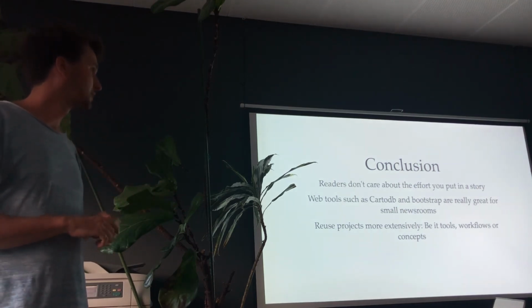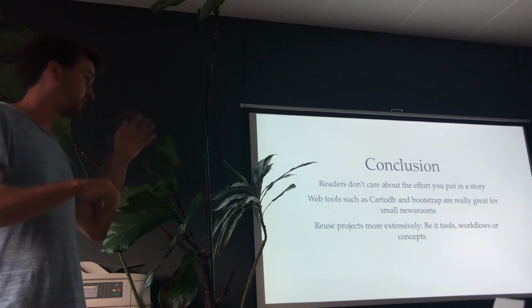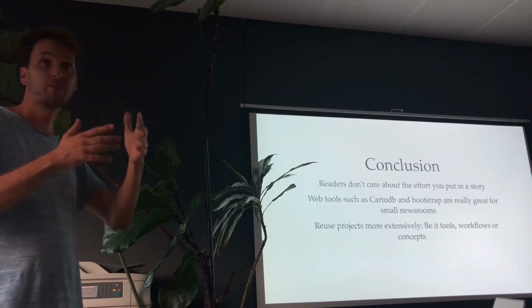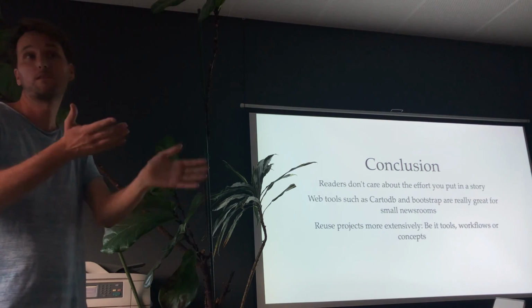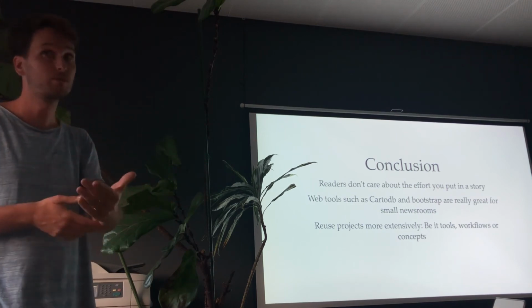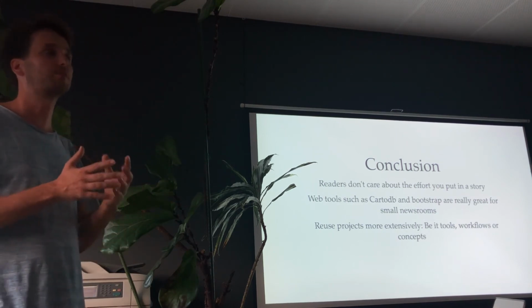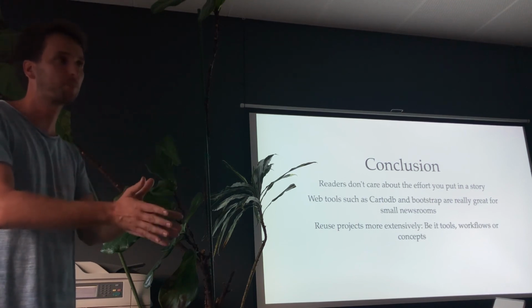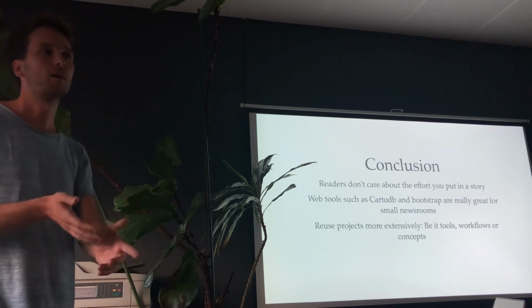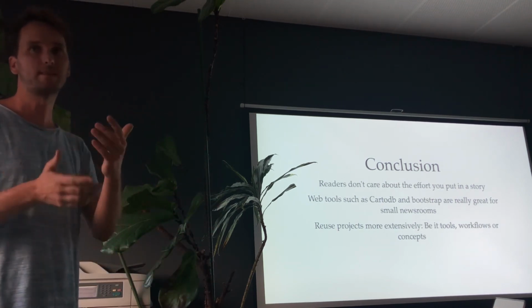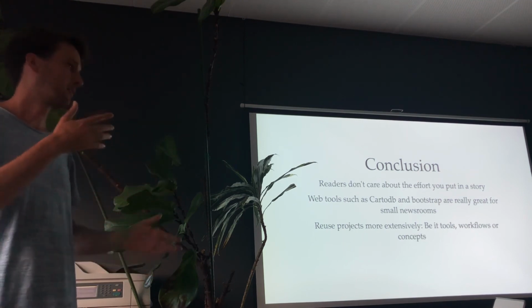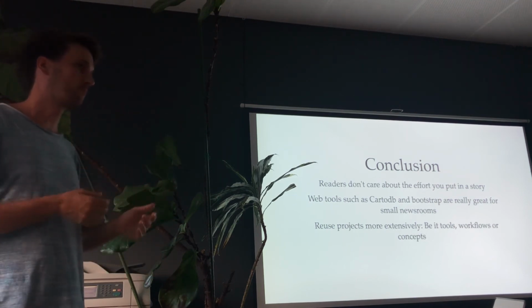But the one for Flourish, that was really something you can use in a newsroom. I mean, you can create a template, then you can reuse it, and I think that's also the approach for a newsroom. Create templates, reuse them, maybe create some new fancy templates again, and then reuse them.